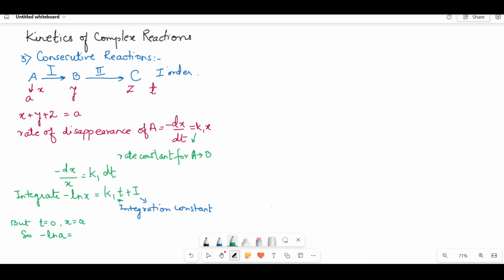So minus ln of A will be equal to I. We have got the value of I now. Substituting the value of I.